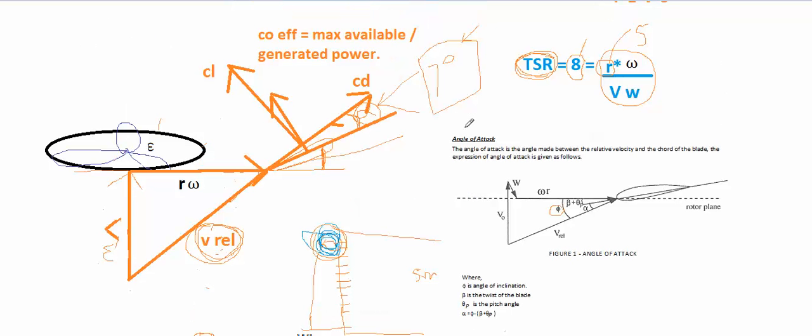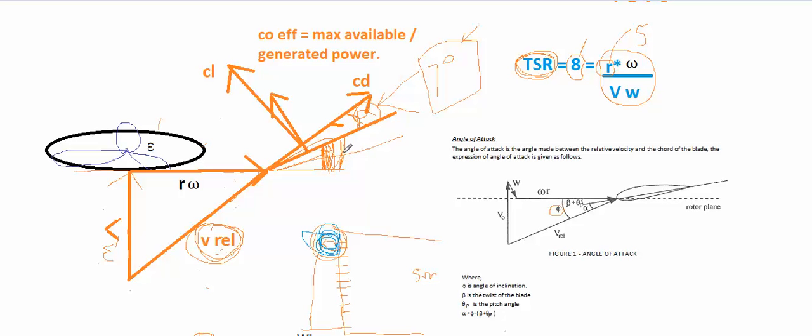In the previous video we discussed that we are interested in keeping the angle of attack optimum, and we discussed the optimum angle is 7 degrees. So what we are interested in is to somehow maintain this 7 degrees. For that we have to maintain this angle.